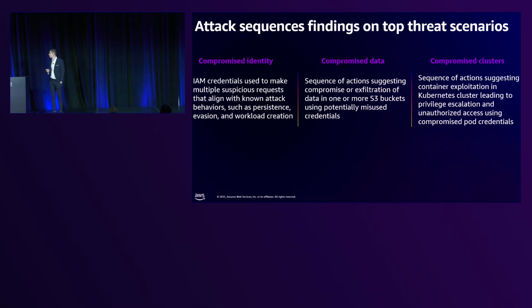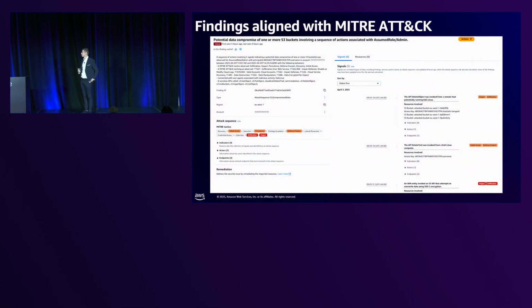So for example, a use case can be a compromised credential that leads to the creation of a new Kubernetes user, launching a new privileged container that is then being used for crypto mining activity. And instead of you having to put together 20 different events and understand how they relate to each other, you just get a single finding that already outlines the full timeline of events.